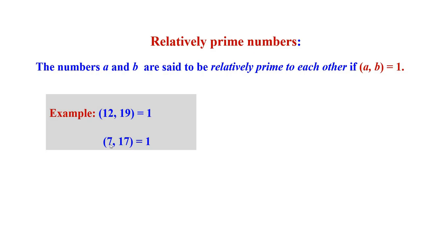When you consider 7 and 17, both are prime numbers, so naturally the GCD is 1. Here one is prime and the other is not, but you don't have any common factor and therefore the GCD is 1. In that case, we say those two numbers A and B are relatively prime to each other. Thank you.